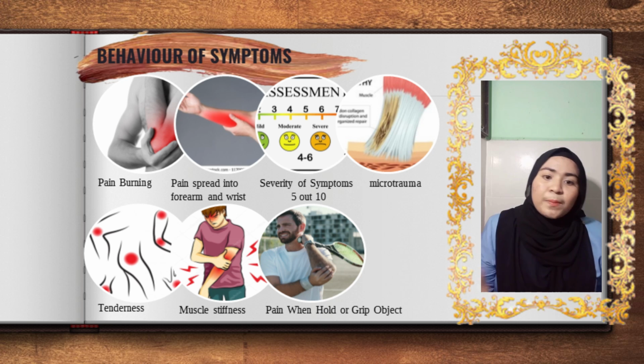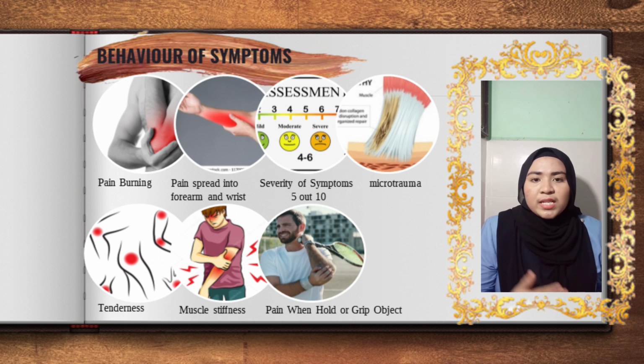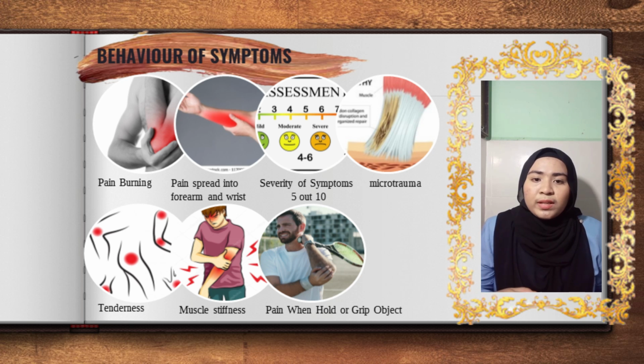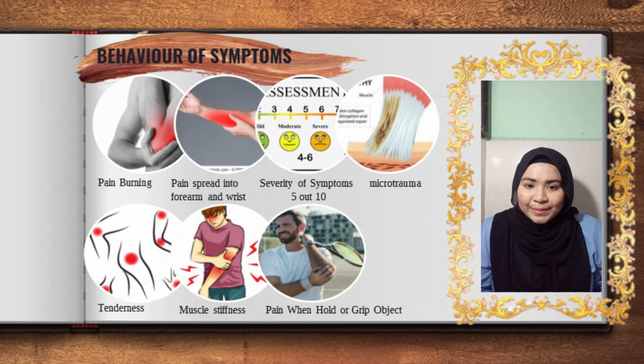The other symptom is microtrauma, in which the athlete experiences pain, tenderness, muscle stiffness, and swelling on the injured part. Finally, the athlete said that he also feels pain when holding or gripping an object, whether it is a light or heavy object, in a short time or a long time.